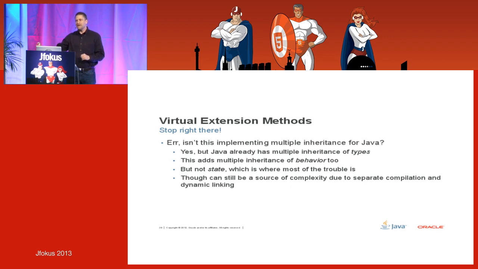So we're adding behavior, but we're not adding state. So we don't have true multiple inheritance. True multiple inheritance in the C++ way of doing things involves having a full class where you have state and behavior in the form of methods. So it's a way of sneaking in some extra functionality that we need without really doing multiple inheritance, which is good because we don't want to do multiple inheritance. At least I don't want to do multiple inheritance.